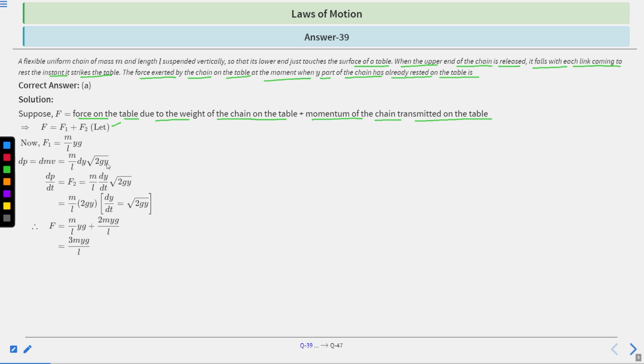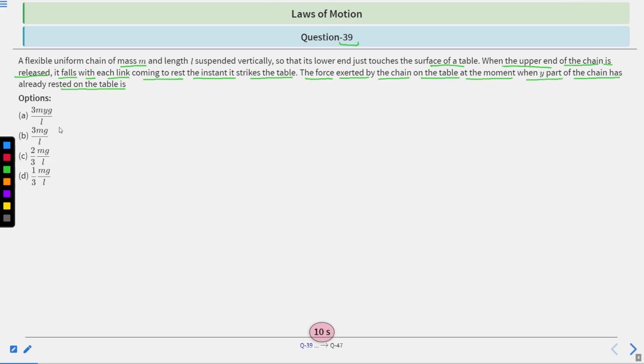So dp upon dt is F2, which equals m by L dy upon dt times under root 2gy, equal to m y g by L plus 2 m y g by L. Solving all the numerical terms, you will get F equal to 3 m y g divided by L. So the correct answer is A.